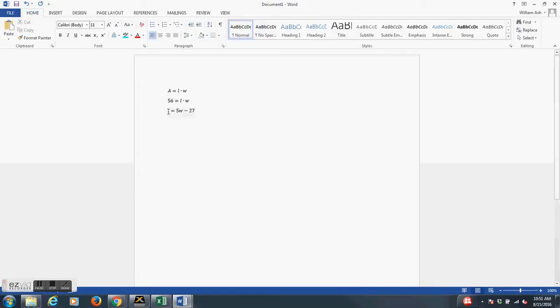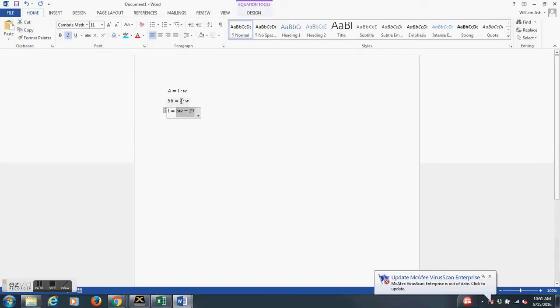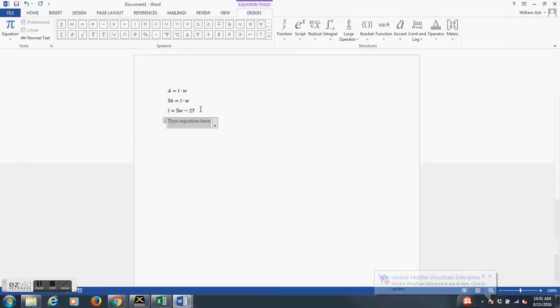Now we have this length in terms of width. You can just replace it right here and say 56 equals 5w minus 27, in parentheses, of course, times w.